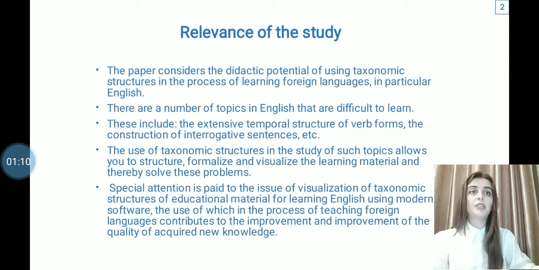A special place should be given to the application of various methods and models of semantic representation of information and knowledge, as well as the use of various visualization tools and methods that can be widely used in learning a foreign language.